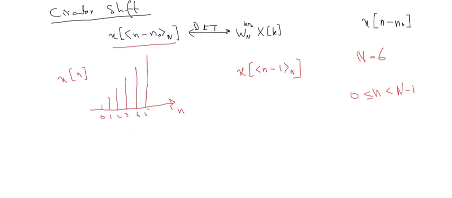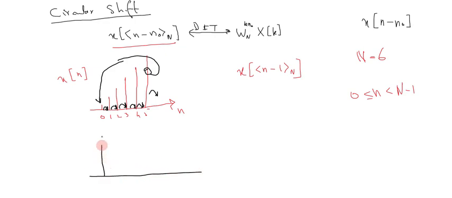So if you want to delay your signal by an amount 1, in a linear shift you have to move the signal here, but in a circular shift you pick this last sample and place it here at 0, and move all the other samples forward by 1 unit. So it will look like this.